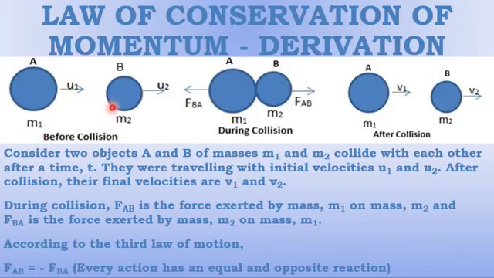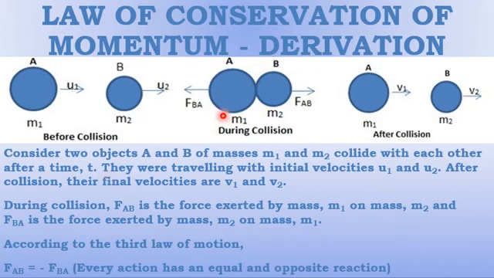To prove this law, we consider two objects A and B of masses m1 and m2 moving with initial velocities u1 and u2. After traveling a certain distance, they collide and move with velocities v1 and v2. They collide after a time t.